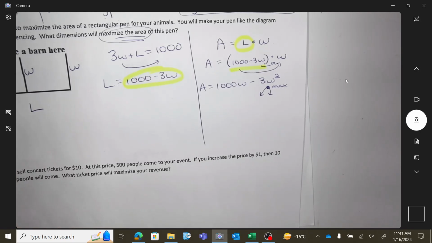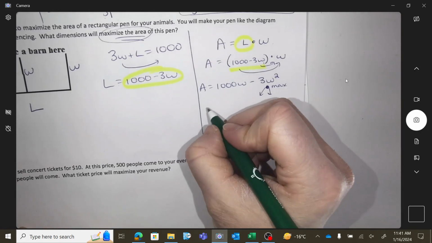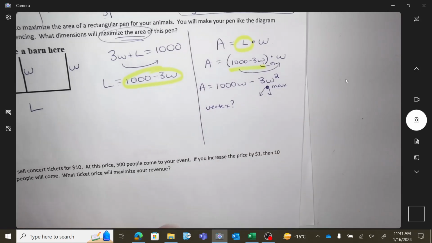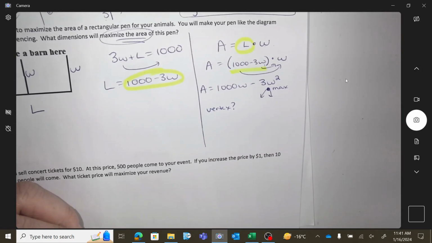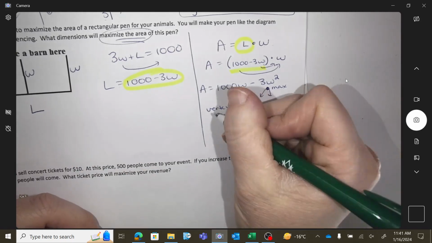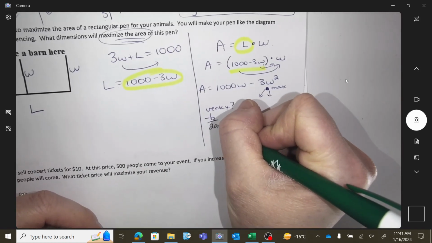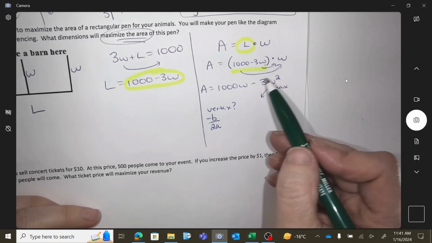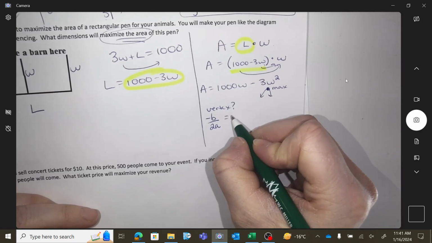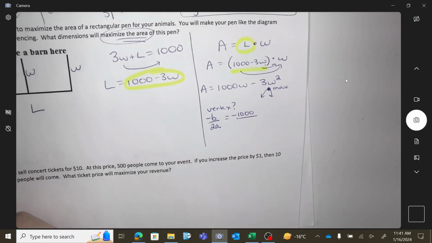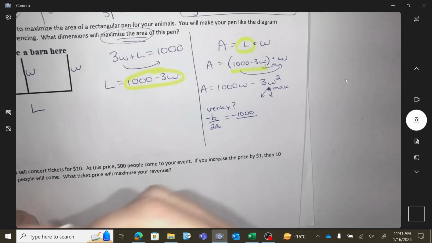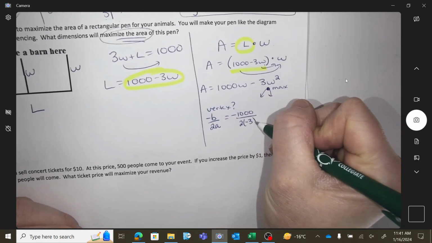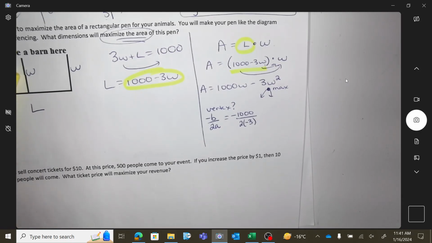Vertex is on the top. And how do you get vertex when it looks like this? How do you get the vertex? Negative b over 2a, right? Be careful here. This is out of order, right? Negative 1,000 is actually the b part. Negative 3 is the a part.